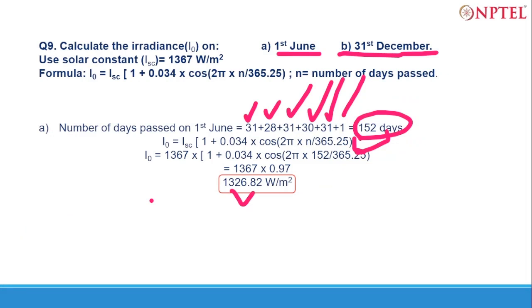No, no, no. 3067 is wrong. It should be more than that. Calculate it again.